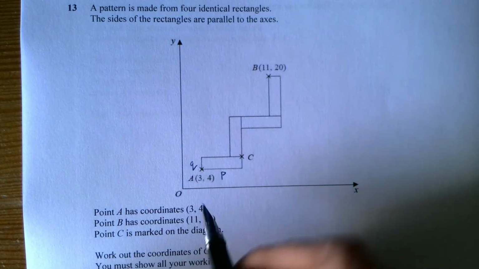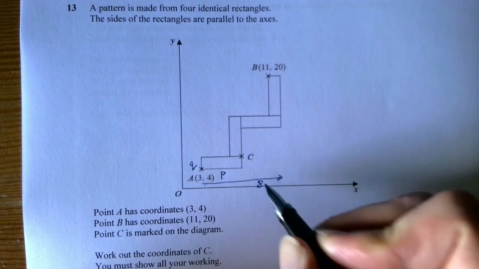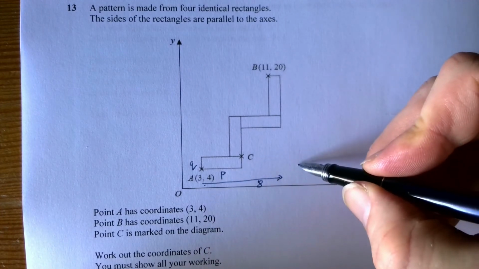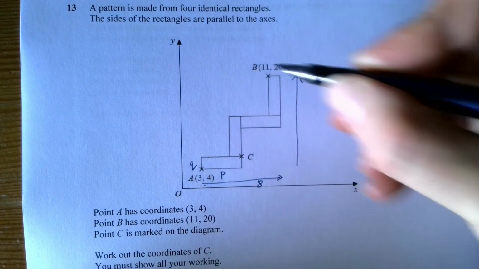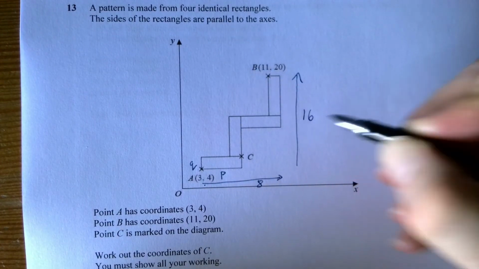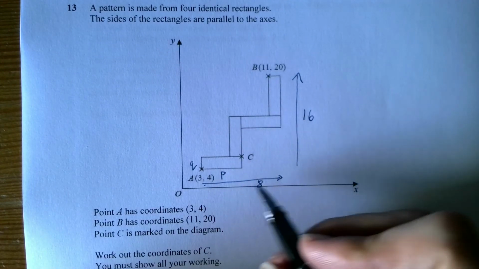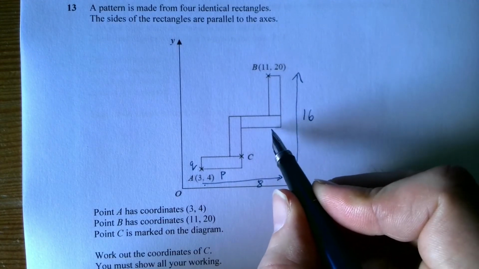From A to B, it's going 8 in the x direction, and then from A up to B, it's going up 16. Now if I consider all of these, in order to get across to there, it's not as far as 2p's, is it?